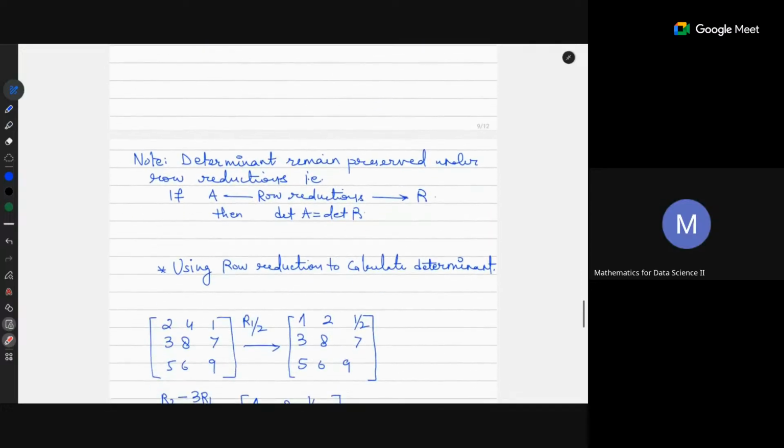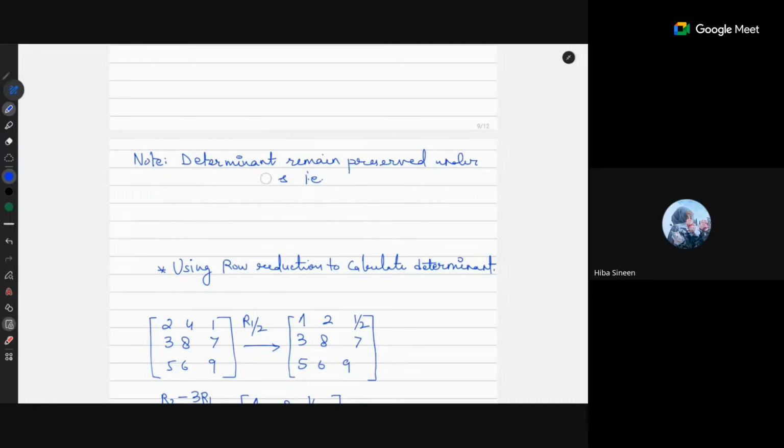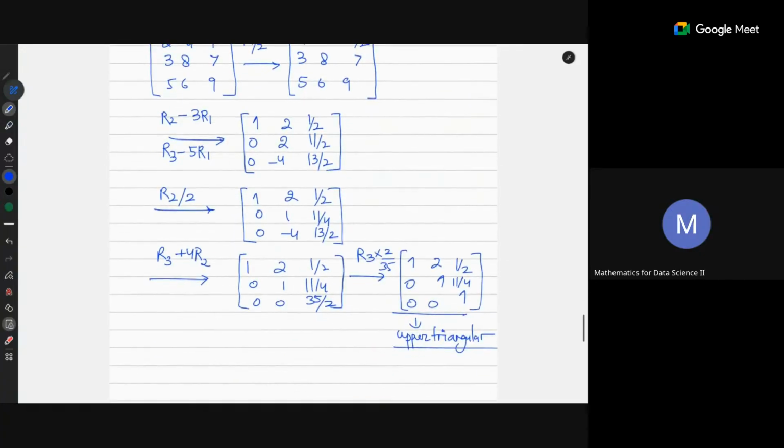Excuse me, sir. What is the determinant of this last upper triangular matrix? Yes. So determinant here is 1, right? Just three, sir. Diagonal entries, sum of diagonal entries. It is the product of diagonal entries, right?